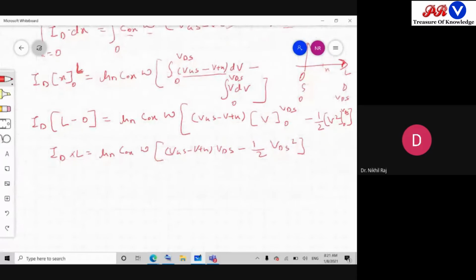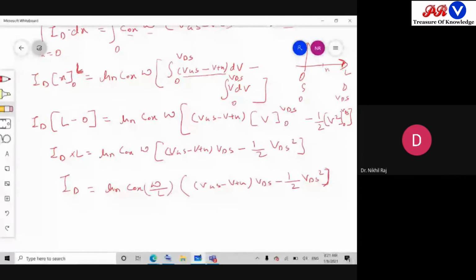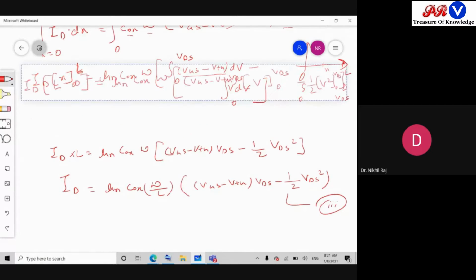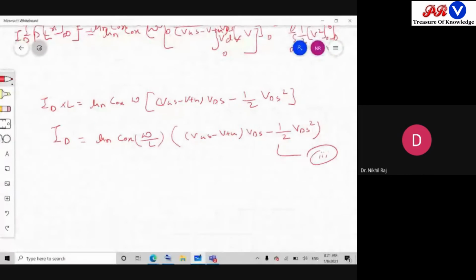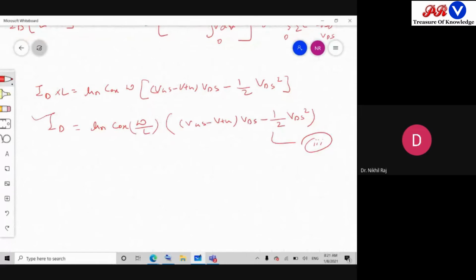Then rearranging the terms, ID will be equal to mu n Cox W by L, in the bracket it is (VGS minus VTH) into VDS minus half VDS square. This is equation 3. So this is your ID equation for the N channel MOSFET.